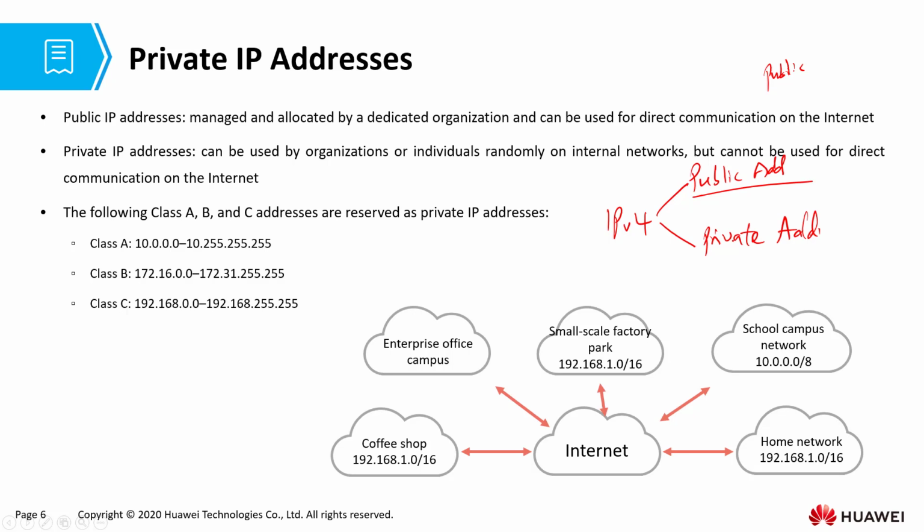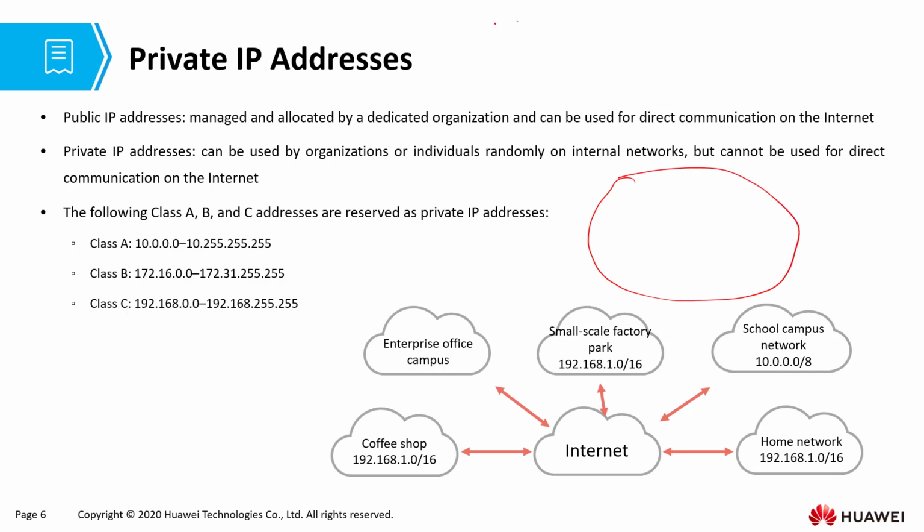Well, it's important because now private IP addresses can be used repetitively by different organizations since they never cross the boundaries of the organization. So let's say this right here is Stanbic Bank, and this right here is Makerere University, and this right here is URA. So Stanbic Bank is going to have private IP addresses.